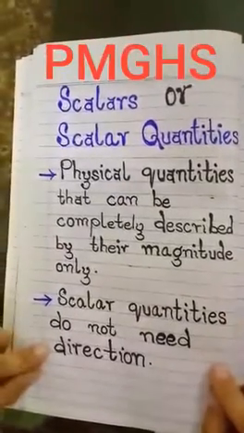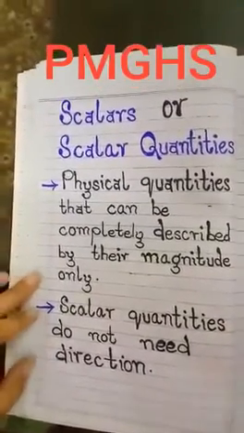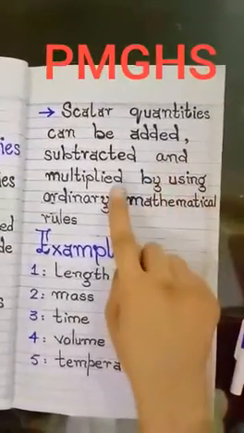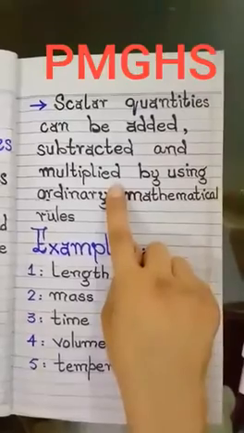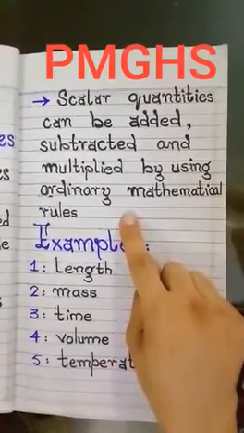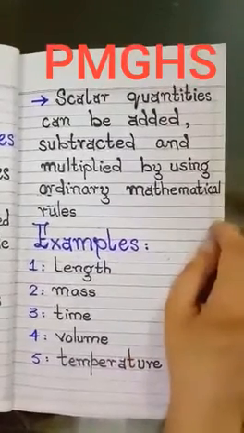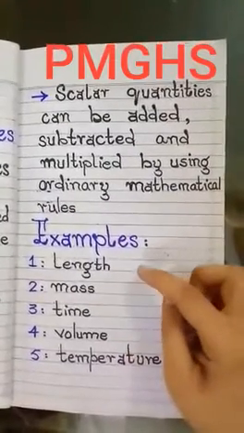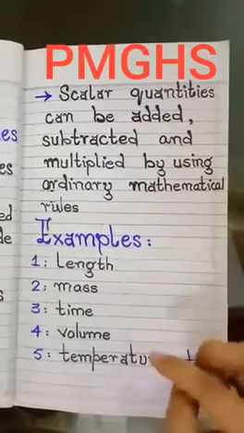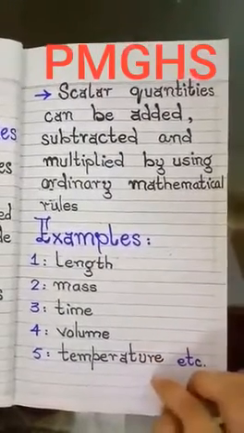They do not need direction. These quantities can be added, subtracted and multiplied by using ordinary mathematical rules. A few examples of scalar quantities are length, mass, time, volume and temperature.